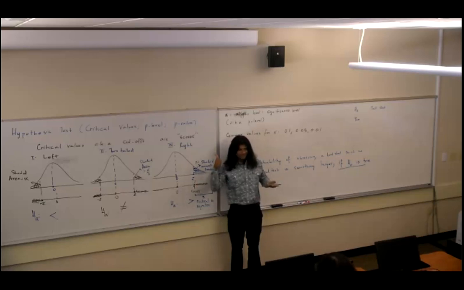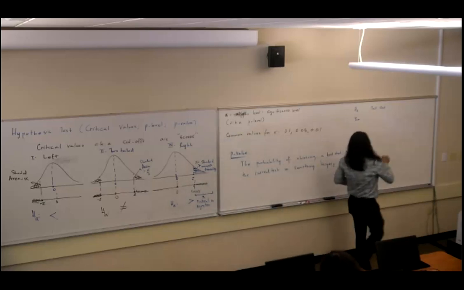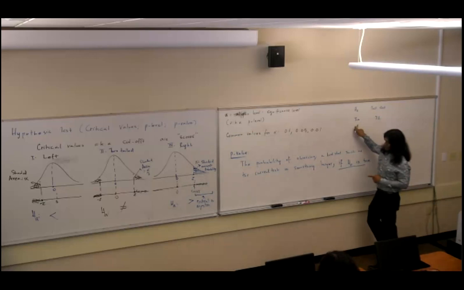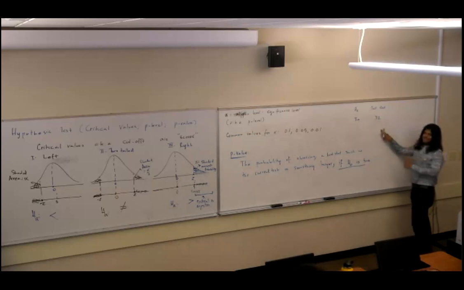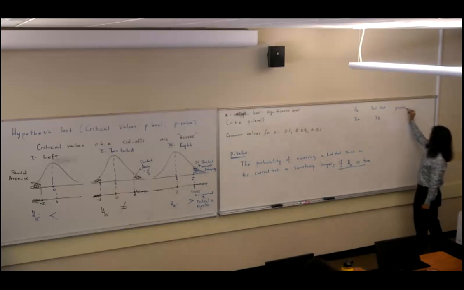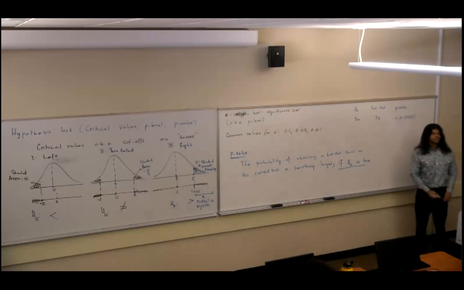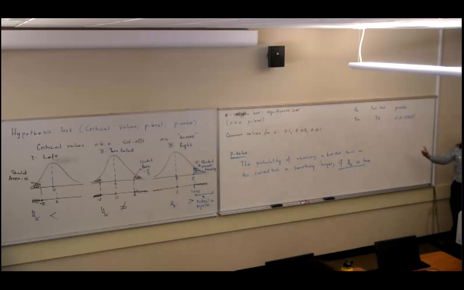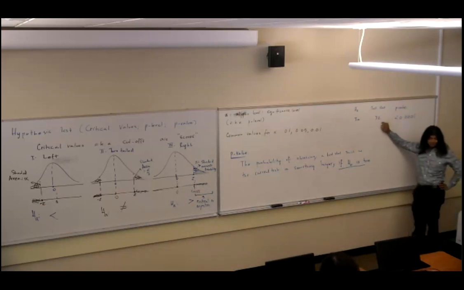Absolutely not. So if this condition is true, and I get a test statistic of 7.2, the p-value is going to be extremely small. If you read that statement, the probability of observing a value of 7.2, if the null is true, is less than 1 in 1,000. It's highly unlikely.